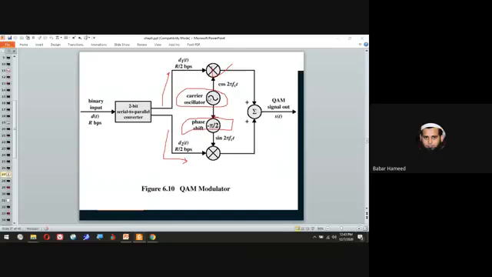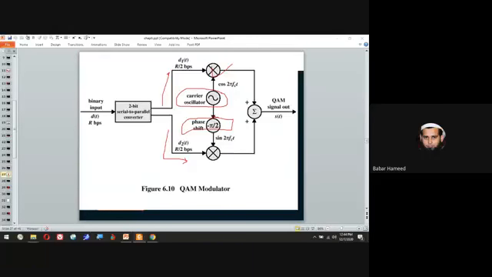Here, this portion is the same as in QPSK, but there it was simply phase modulating. Here it is amplitude modulation, meaning amplitude shift keying. That is the only difference between QAM and QPSK.